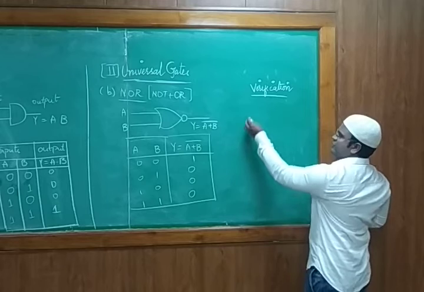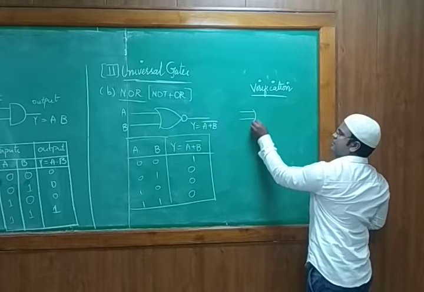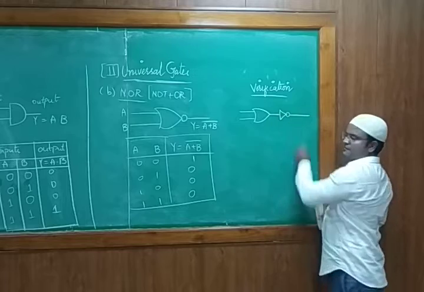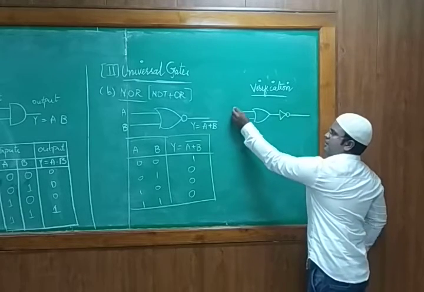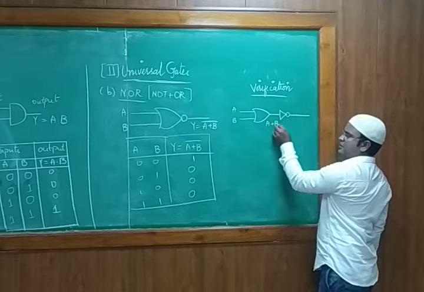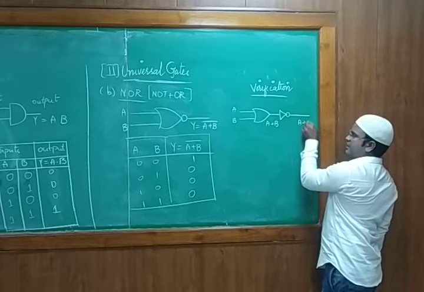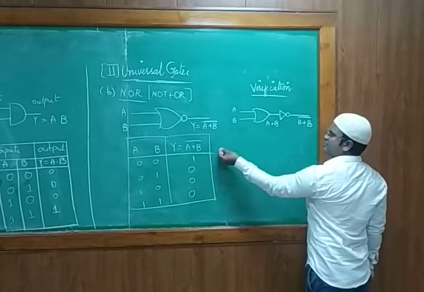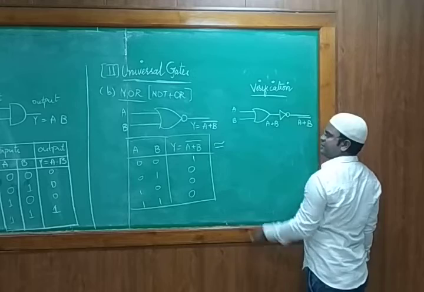For doing that verification, first we take the OR gate and connect it with the NOT gate. The OR gate inputs are A and B. The complement of the output is A plus B, which I can write as A plus B bar. I just want to cross-check the equivalence.